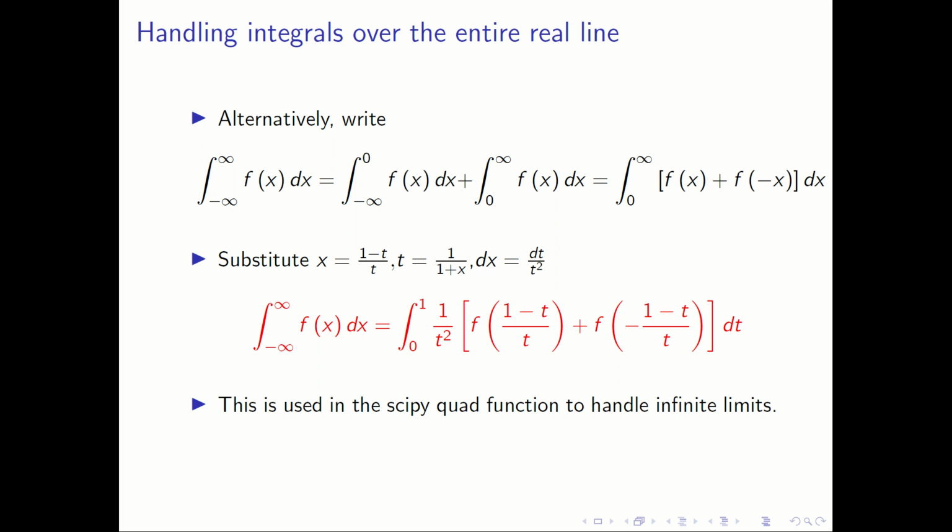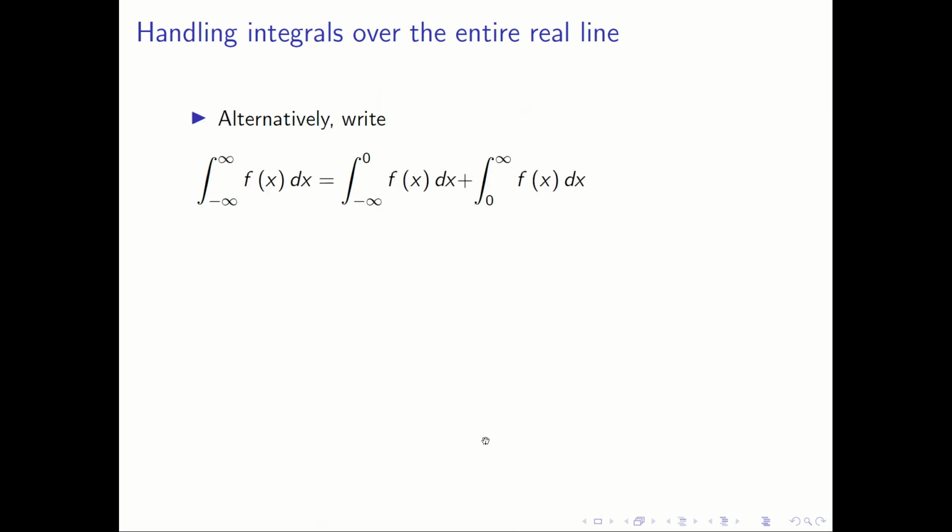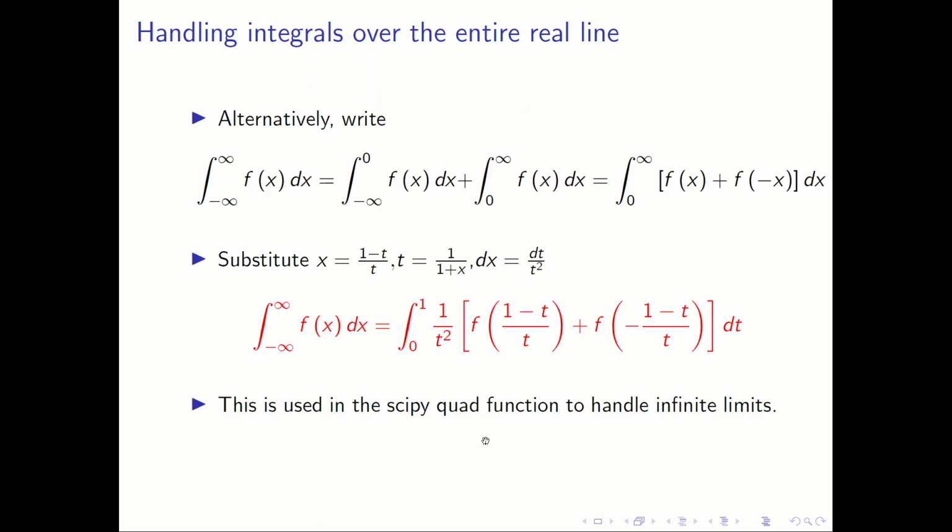So if you just use the quad function on the previous result, you are bound to get a zero division error. This one avoids that, because no matter what the order, Gauss or Gauss-Kronrod, you never evaluate the integrand at the endpoint. So this one, where the trouble is at the endpoint, is safe from that.